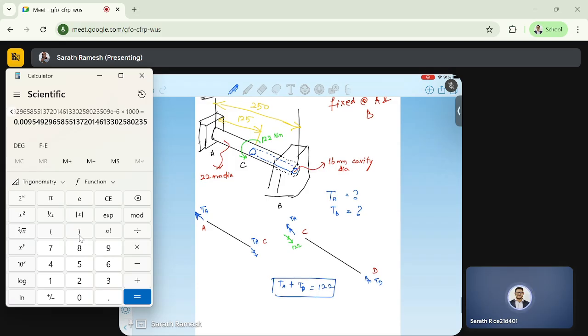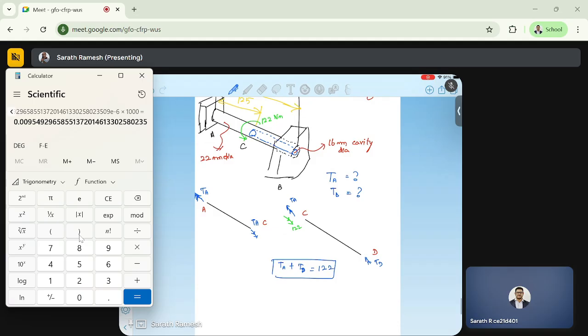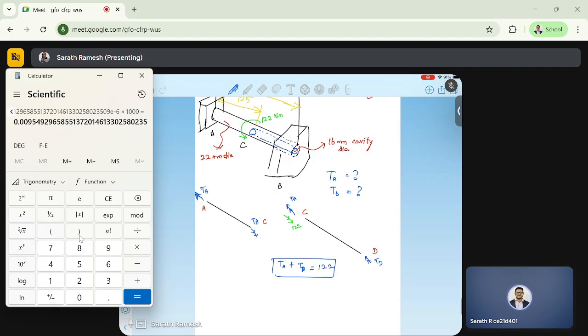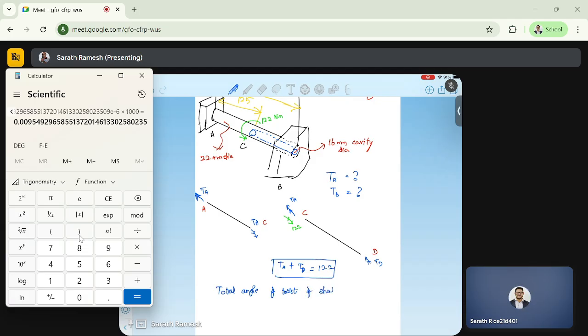Both the ends are fixed, so the total angle of twist of shaft AB will be 0, right? Because both ends are fixed, even though there may be a twist happening because of the torque applied at C.